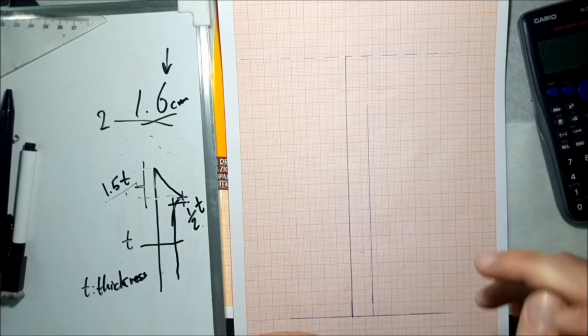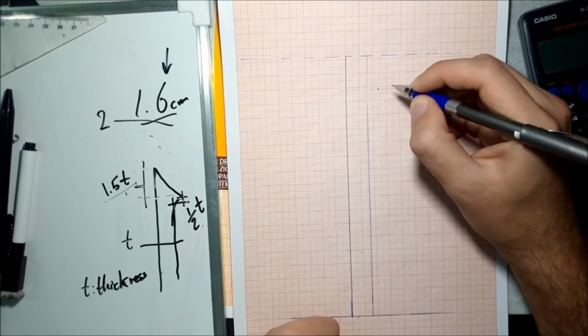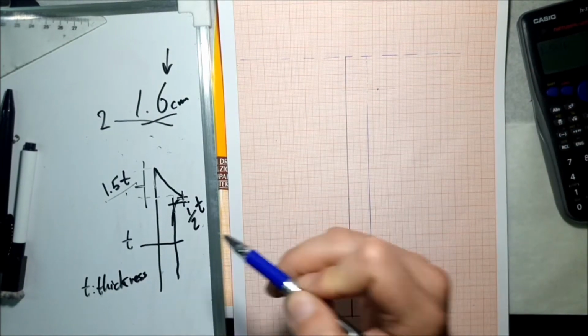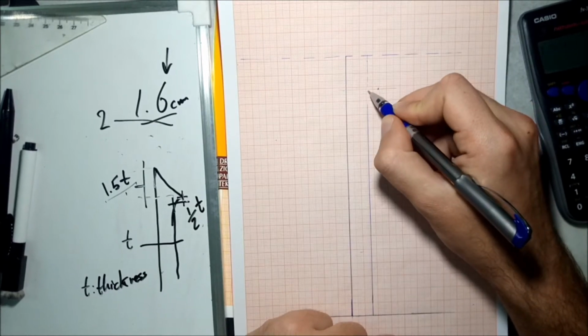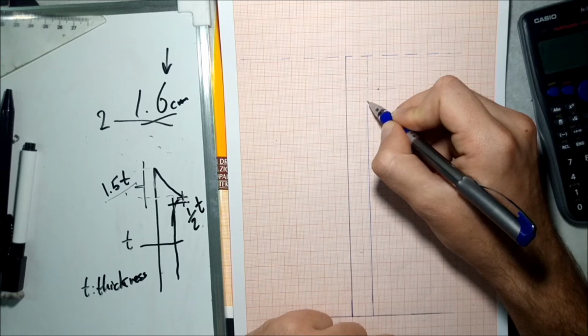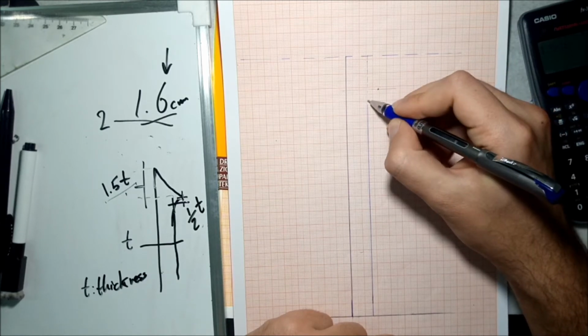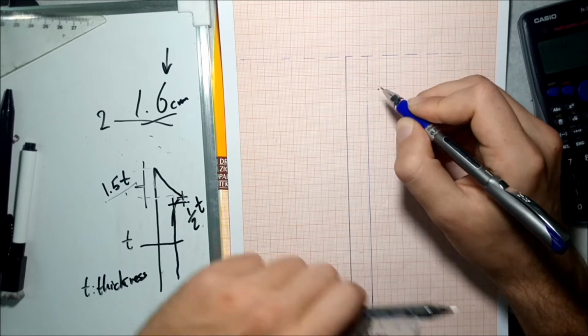So this point will be the tip of the Alef. Now, in order to draw this, you need to count 8 millimeters from this line, which will end up here, and you will have to connect these two with a compass.